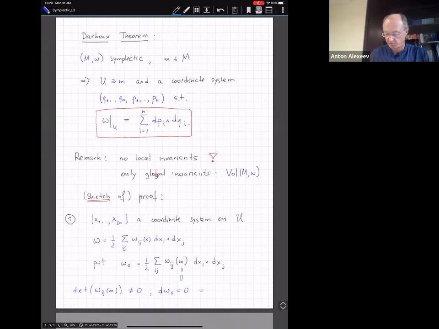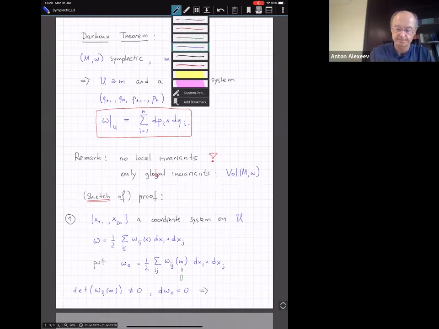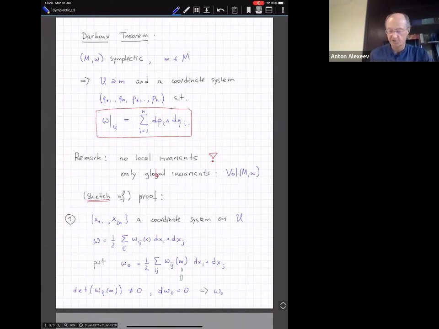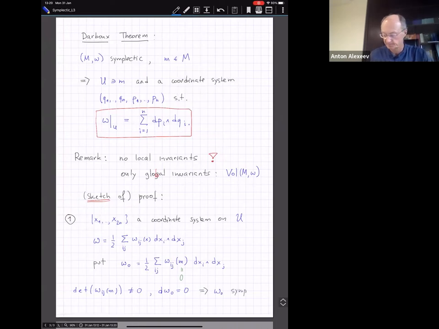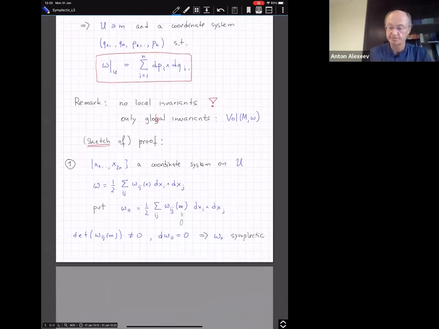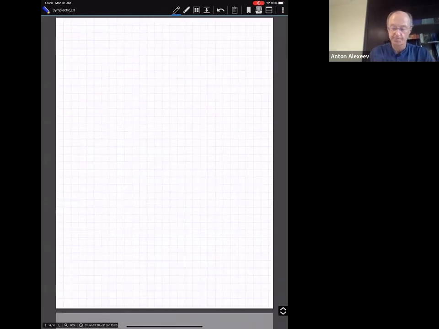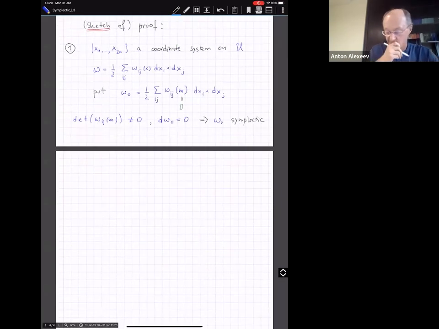And this means omega 0 is symplectic. So I got a new symplectic form, right?